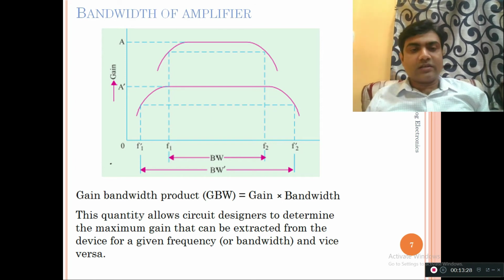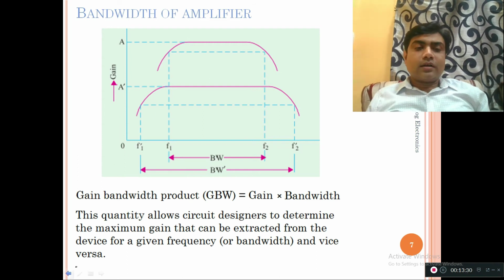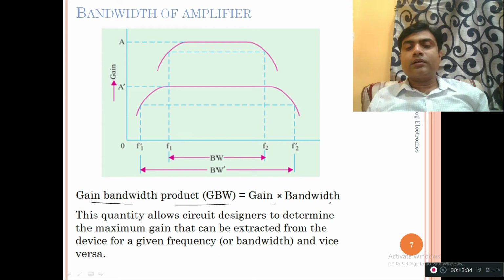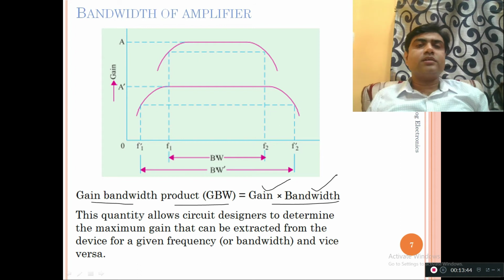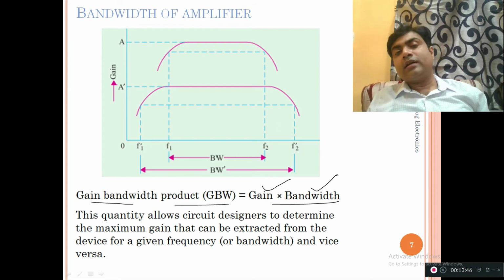Now I also discussed this gain bandwidth product a little bit in the first lecture, and we have heard that the gain bandwidth product is a very important performance parameter when designing the amplifier. If you simulate the amplifier as well, you have to define the value of the gain bandwidth product.